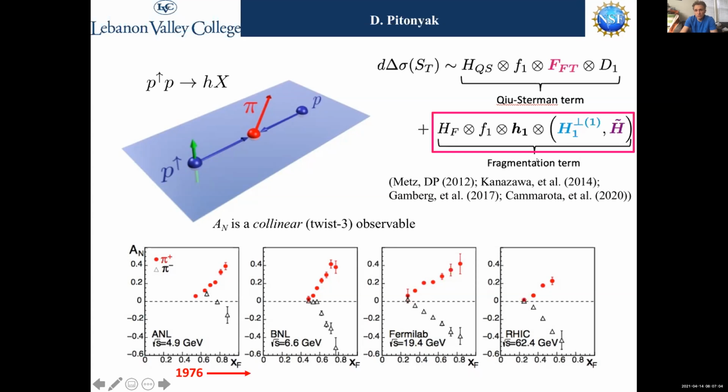We studied contributions from both of those terms and found out that the fragmentation term gives the biggest contribution to the observed asymmetry, which is shown here.